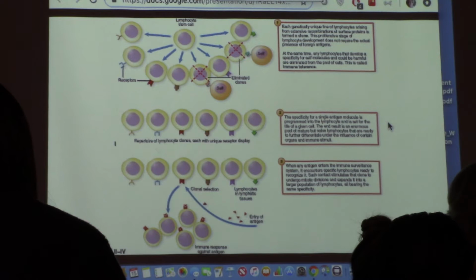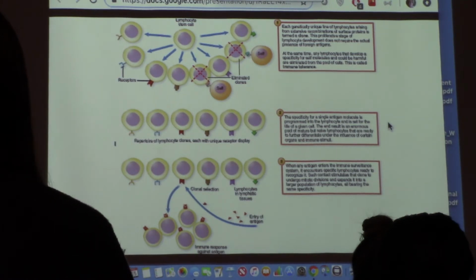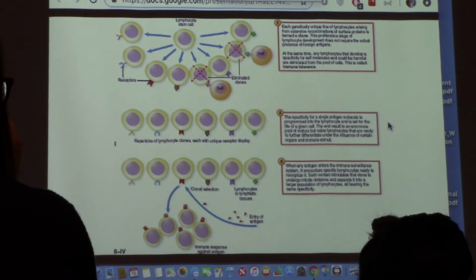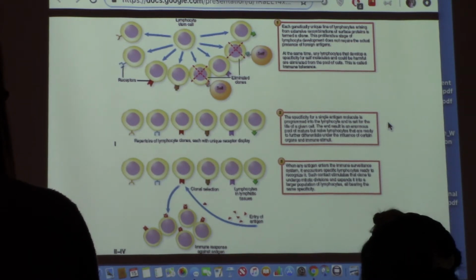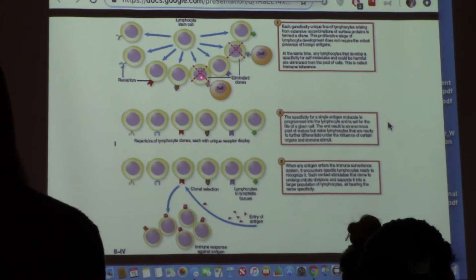Your own immune system will attack you. So the first thing that happens is that we eliminate clones that are specific to your own proteins. And you're happy this happens. This is an important role that the immune system has, to eliminate things that would recognize self. So we want to clear out those cells that would recognize self.